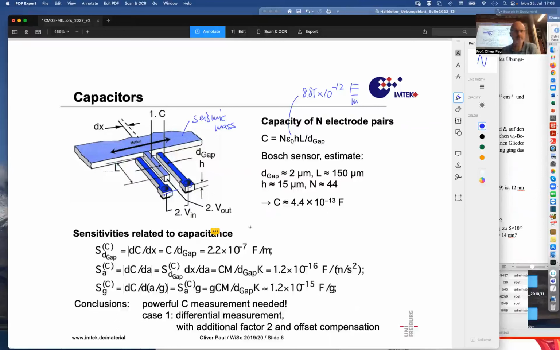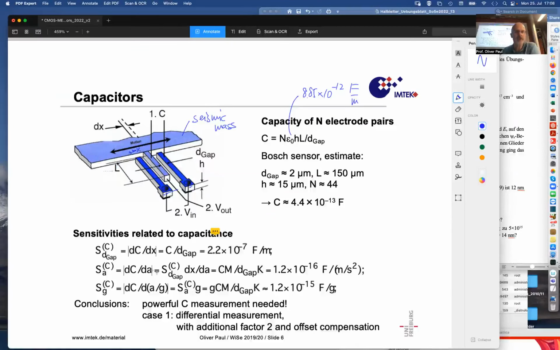Now we can define a sensitivity, which is the capacitance change per motion, per shift x of that mass.